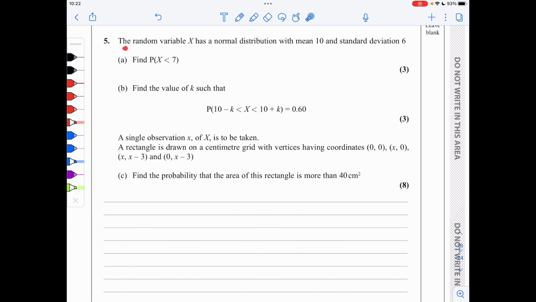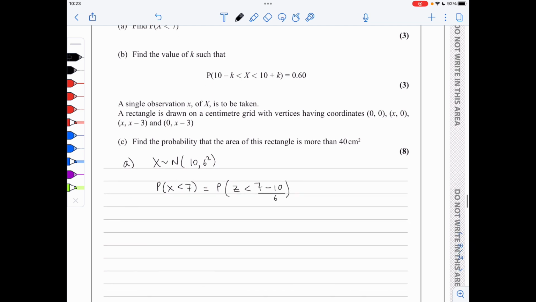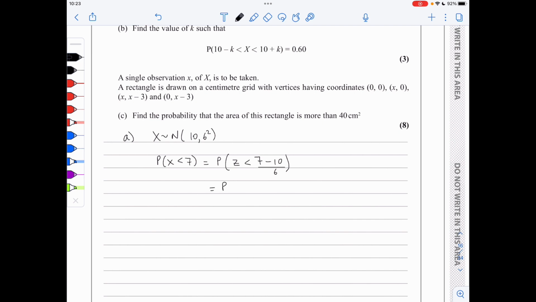In question 5, we've got the random variable x following a normal distribution with a mean of 10 and a standard deviation of 6. So we've got x following normal 10, 6 squared, and we need to find the probability of x being less than 7. We will do that through standardization. So from x we go to z, and we deduct the mean and we divide by the standard deviation. So this is the probability of z being less than negative 0.5.